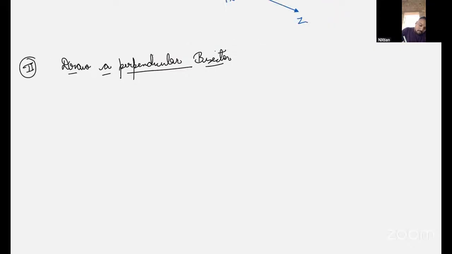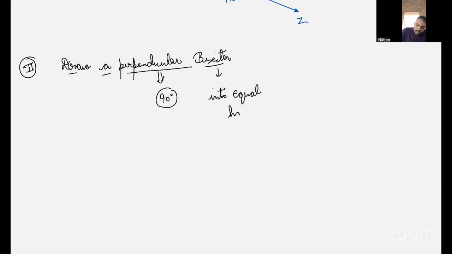Draw a perpendicular bisector. Now, if the question comes that you have to draw a perpendicular bisector, how will you do it? First of all, we'll understand the meaning of perpendicular bisector.